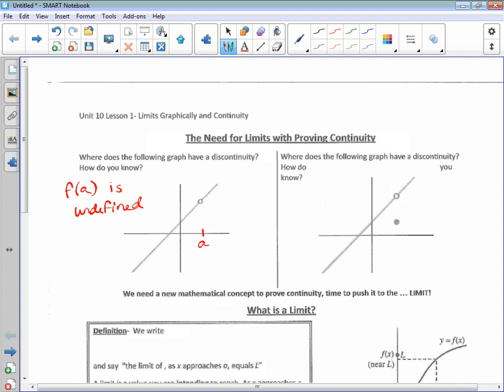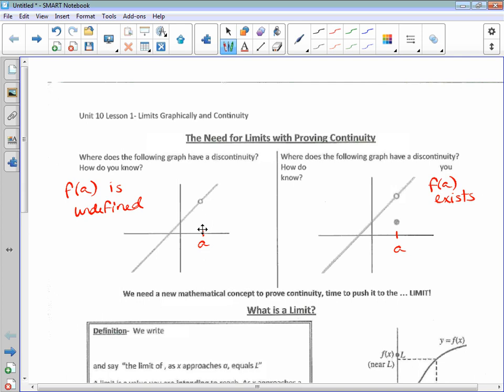Right, so that's a pretty easy way to say, okay, we know it's discontinuous because there is no value for the graph here. But if you look at this second one, if I call that a again, f of a definitely exists, right? Like there is absolutely a point there. It's just not a part of the line that we graphed.